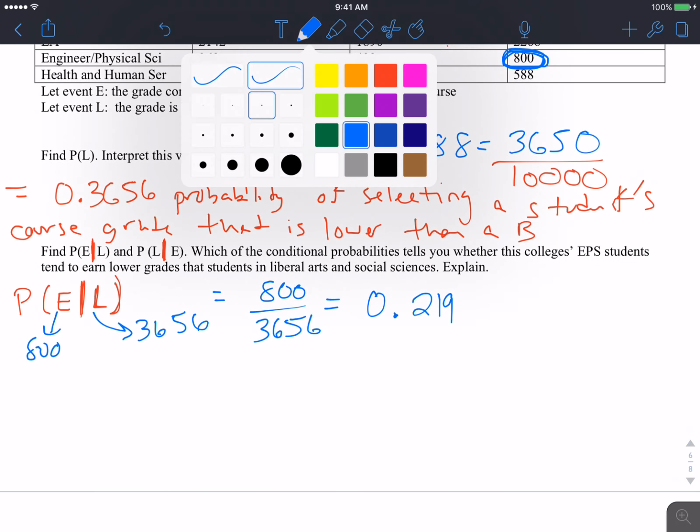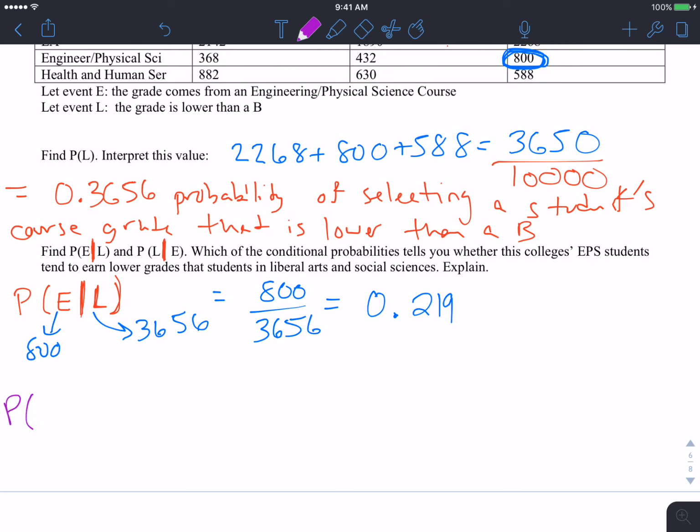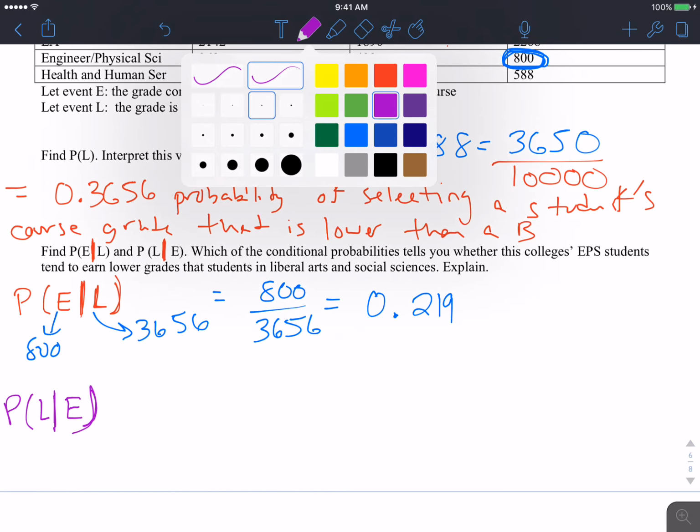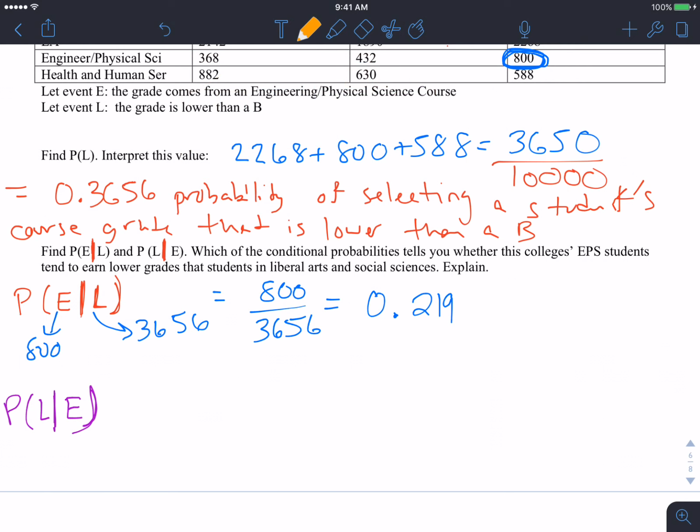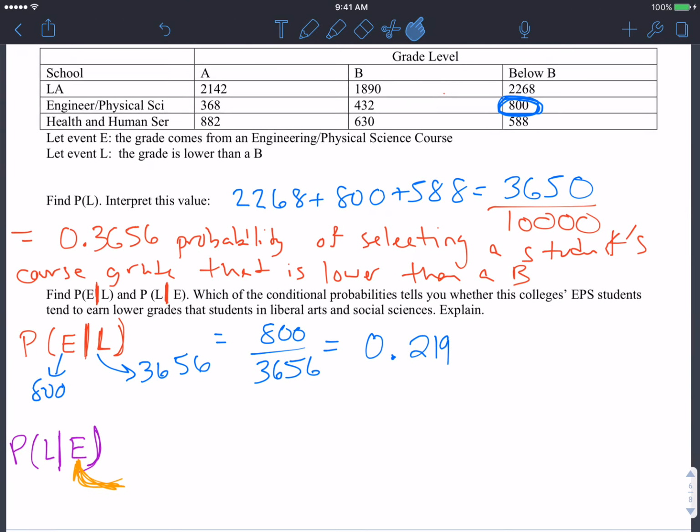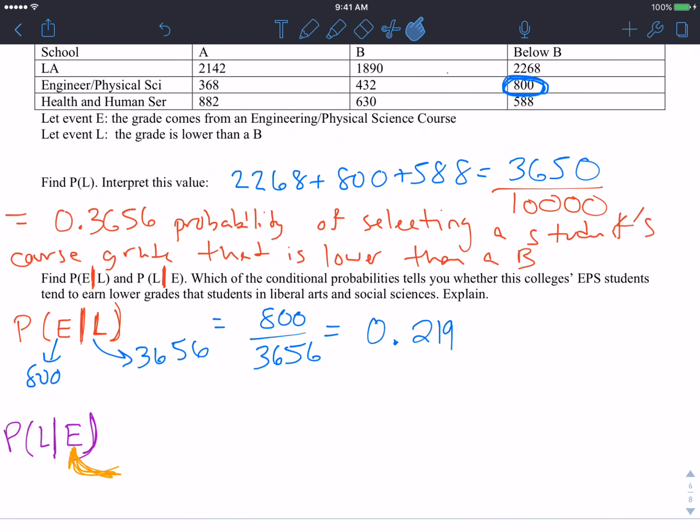The next one they ask for is the probability that the grade is lower than a B given it comes from engineering. So what we need to do is take a look at E first. How many engineering kids are there? And that is 368, I'm using this row in orange, plus 432 plus 800.